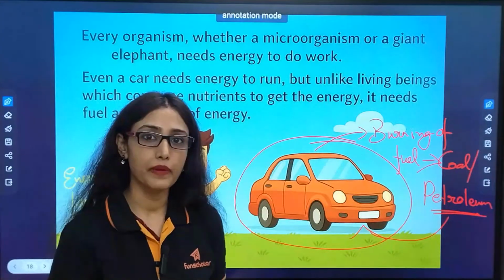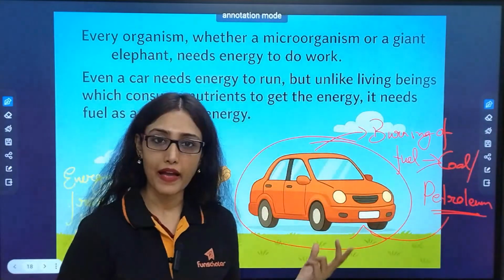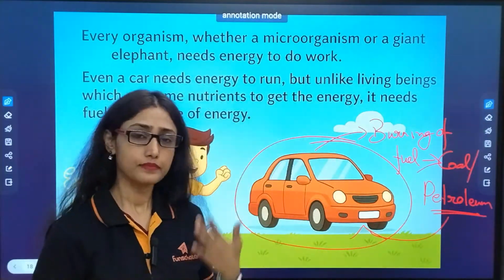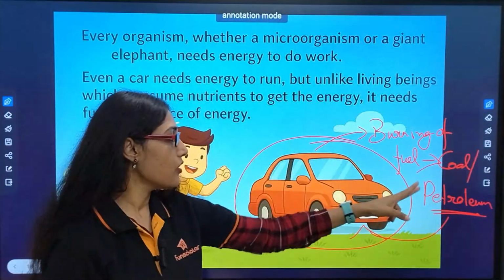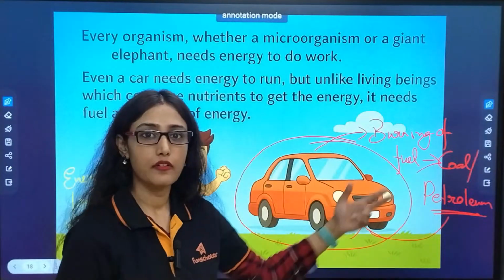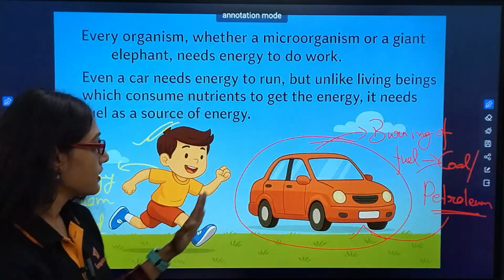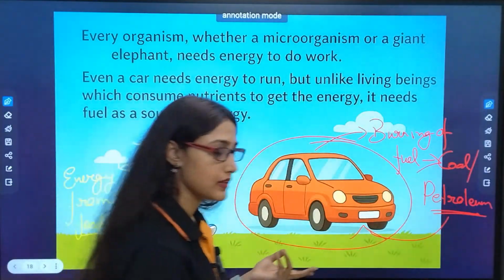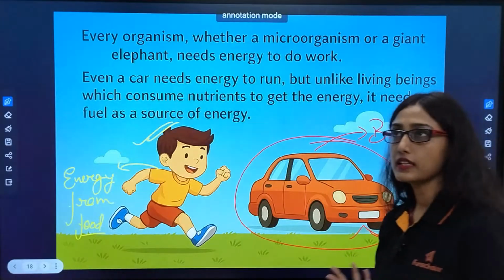He has to go to the petrol pump from time to time and fill his car or bike with petrol. Okay? And then the car runs on the burning of this petroleum. Once the fuel is exhausted, you cannot move the car or bike or even scooter.